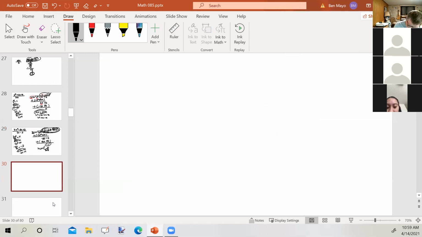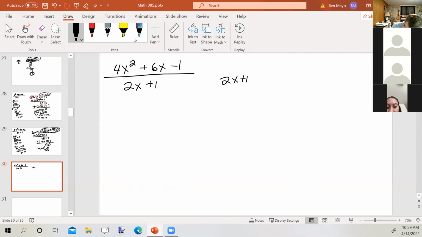Let's say we've got 4x squared plus 6x minus 1 divided by 2x plus 1. So I'm going to have 2x plus 1 outside and 4x squared plus 6x minus 1 on the inside. Dividing the leading term inside by the leading term outside, we get 2x.